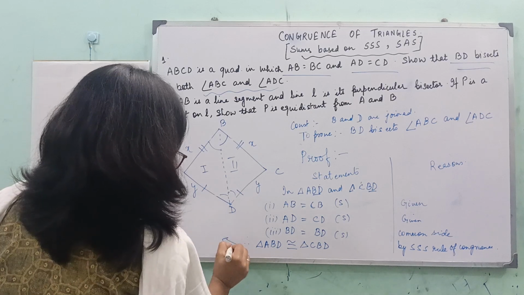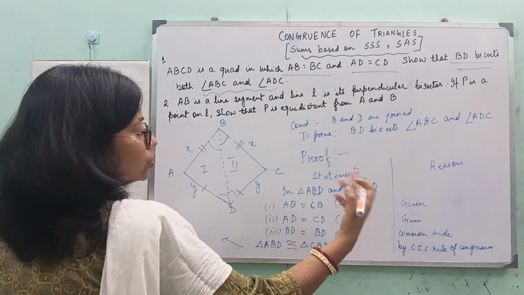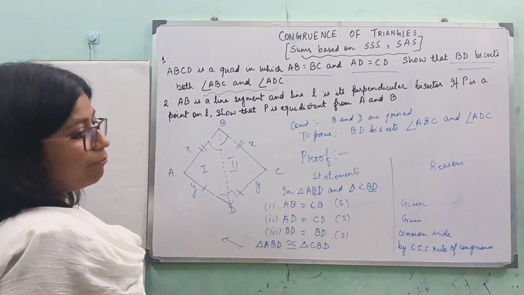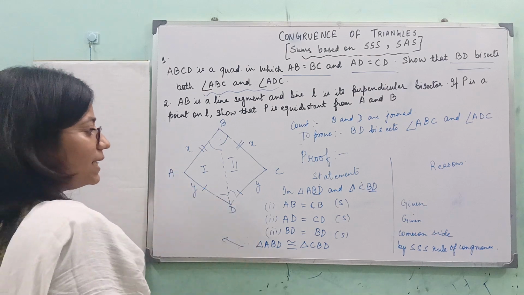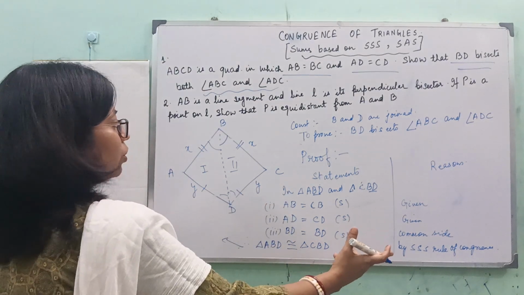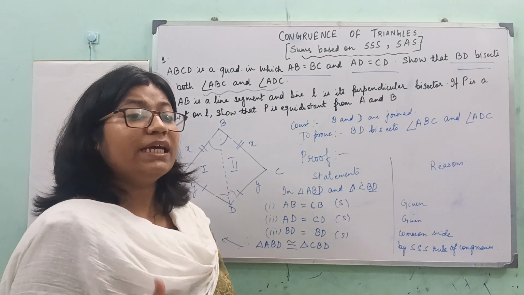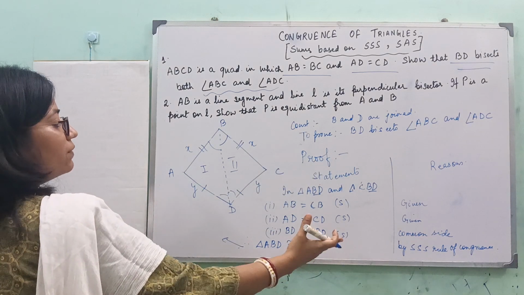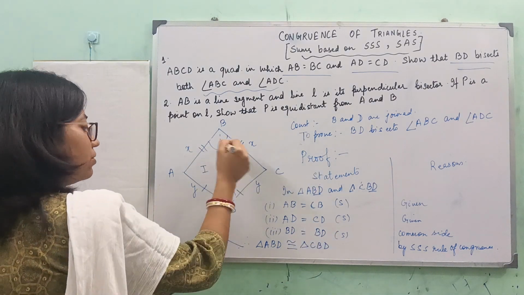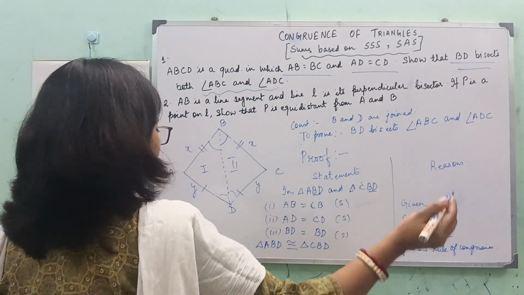Coming here, check. Because these two triangles are congruent, so with three sides we have proved that two triangles are congruent. That means the corresponding three angles have to be same because the triangles are congruent. So we know that for congruent triangles, the corresponding parts are equal. So when we have proved the congruency of the two triangles, the corresponding three angles again are equal.